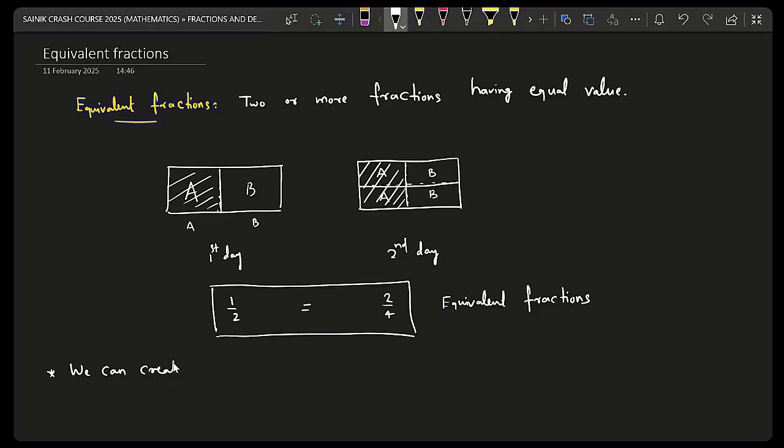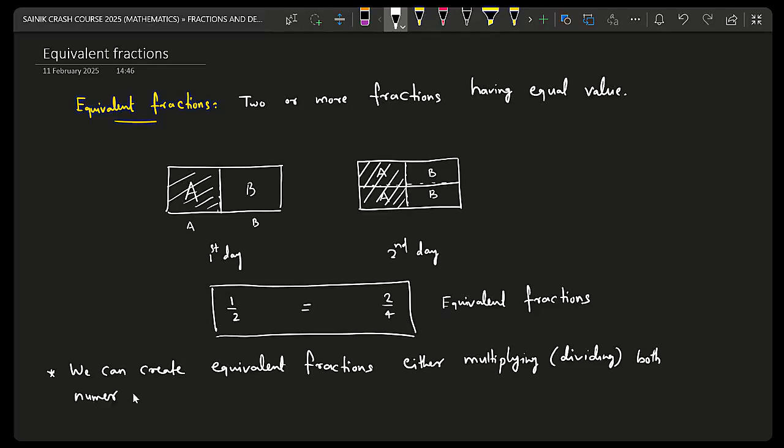We can create equivalent fractions either by multiplying or by dividing both the numerator and denominator by the same number.